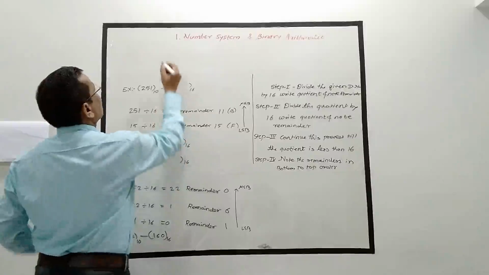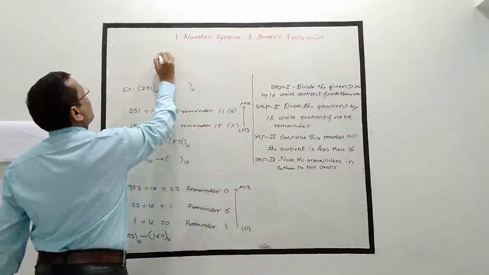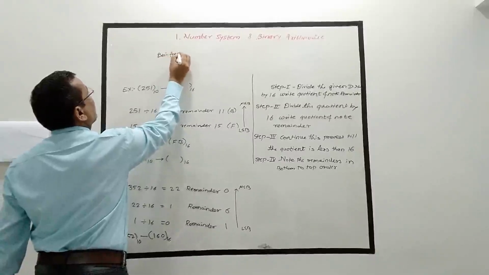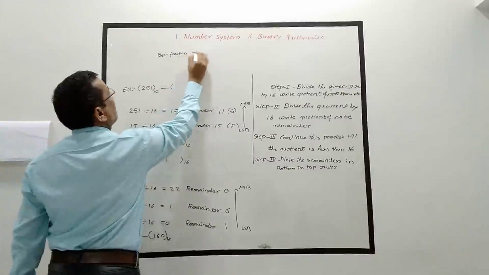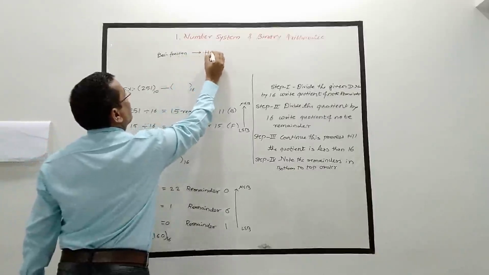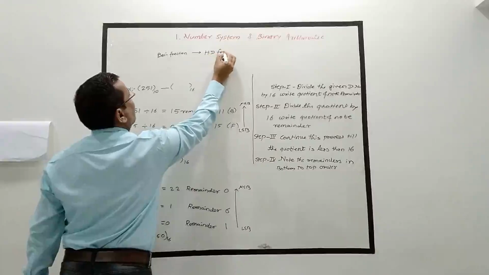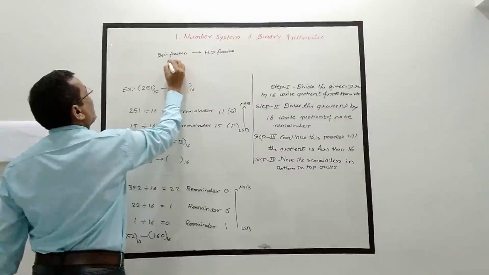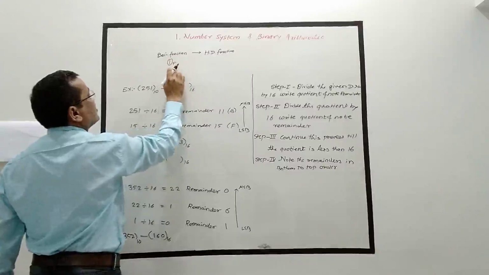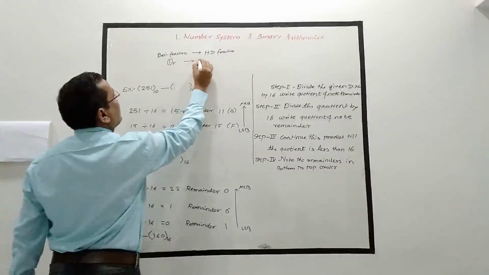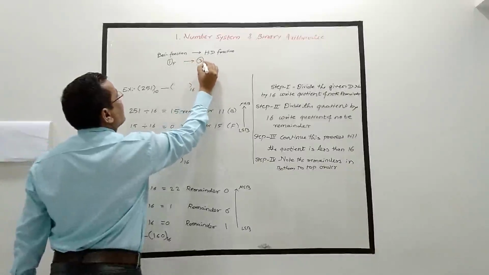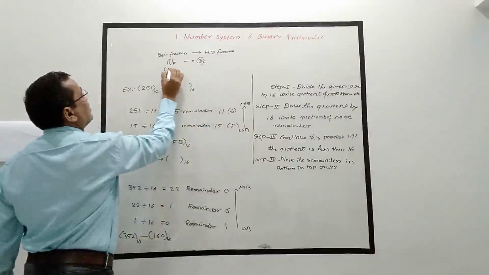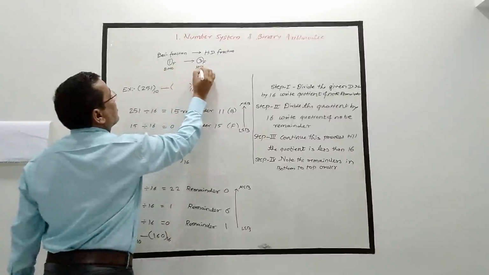So here, to convert decimal fraction to hexadecimal fraction, we can say one fraction, that is decimal number system fraction, is converted into another number system fraction, that is hexadecimal fraction.